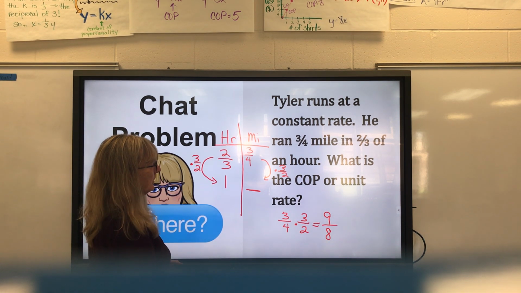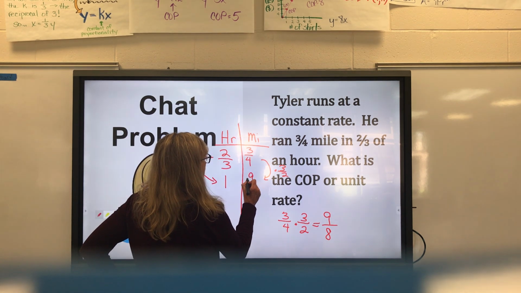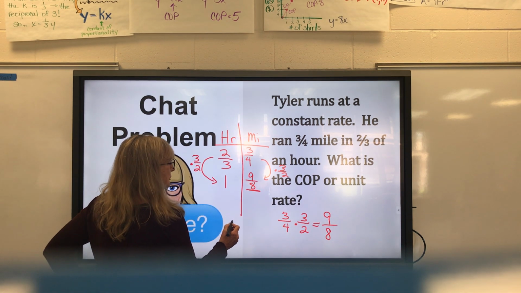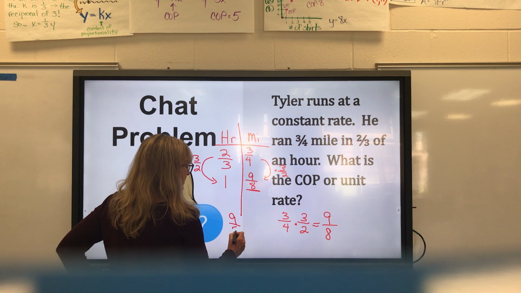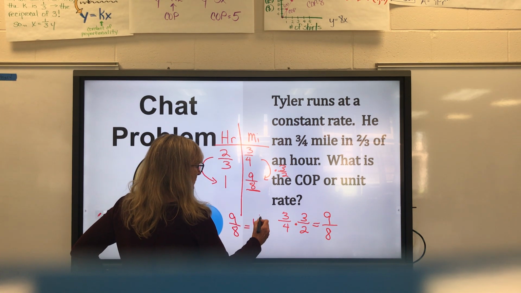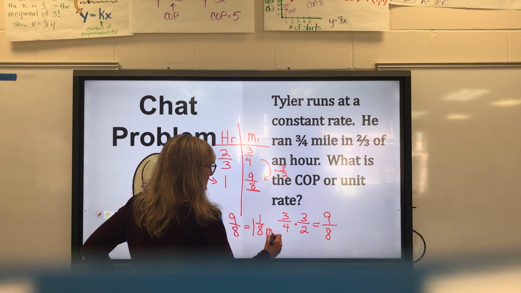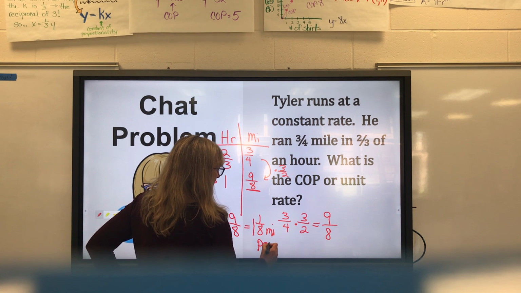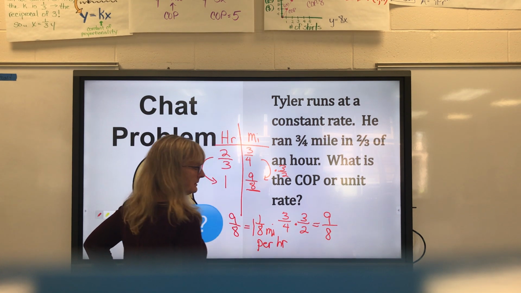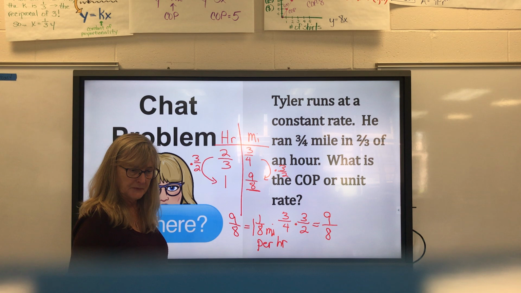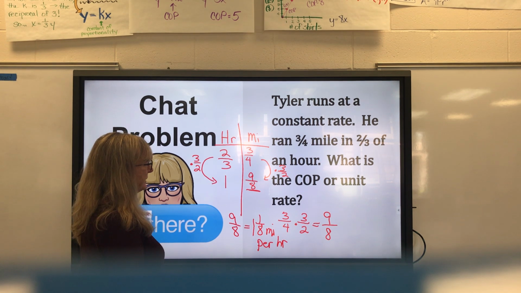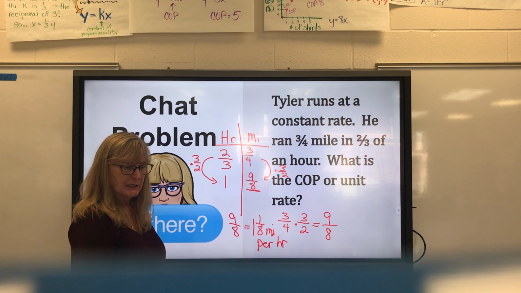So this 9/8 means he is going to run 9/8 of a mile, which equals 1 1/8 miles per hour. Okay, that's one way to do it. Does that make sense to everybody?